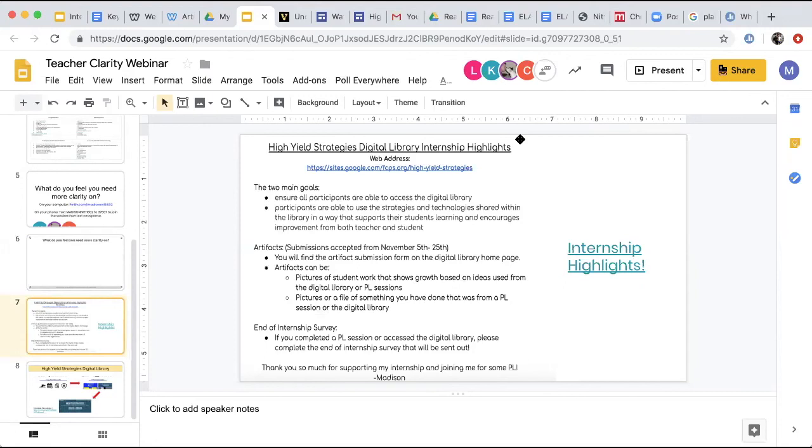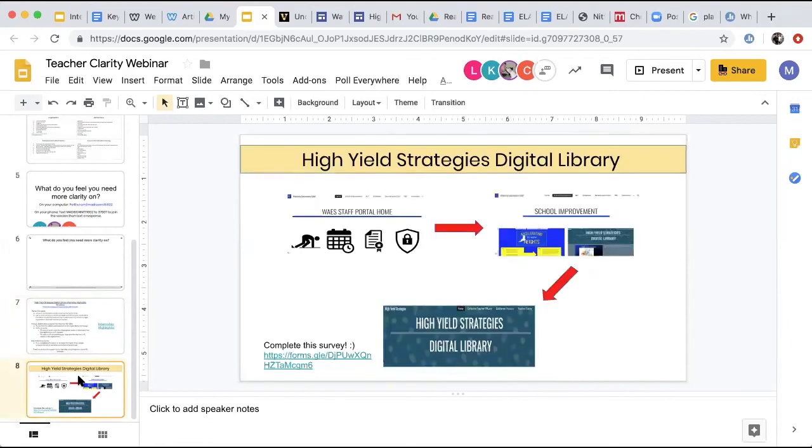Nice. Wonderful. So if you do come up with anything from using the library, please share it with me because that's an artifact that I can use to prove that I reached those goals. Sounds great. Well done on this, Madison. Thanks. That was really cool. Thanks for setting everything up. That was great. No problem.